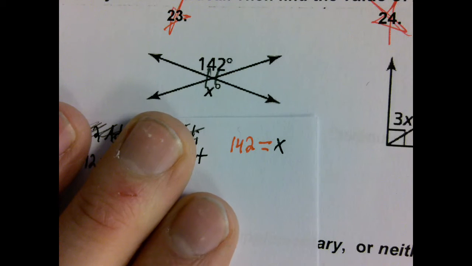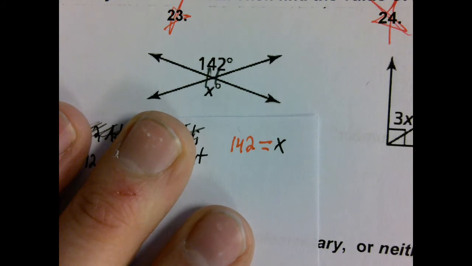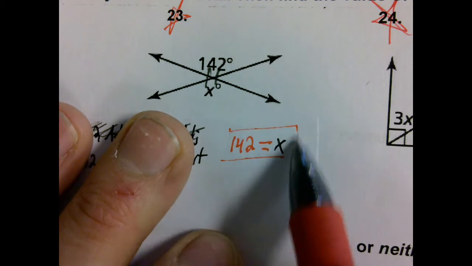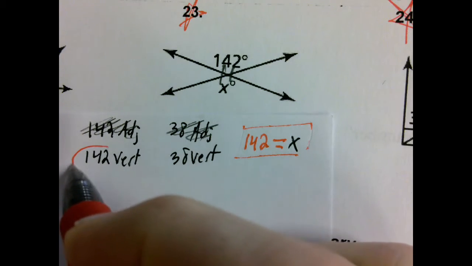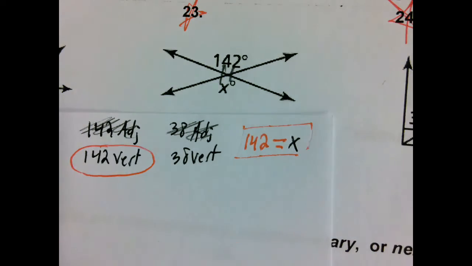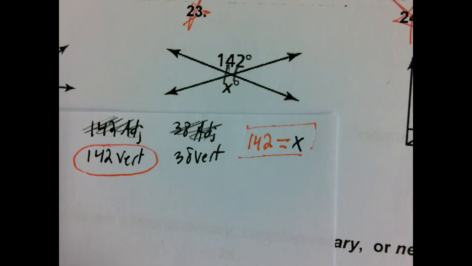Since there's no 3x or x minus 2 with it, you're done. The other angle is 142 degrees. So then on the semester test, you want to pick the one that says 142 degrees that's vertical. Probably not going to have to show work on that one, because they're vertical, they're the same.